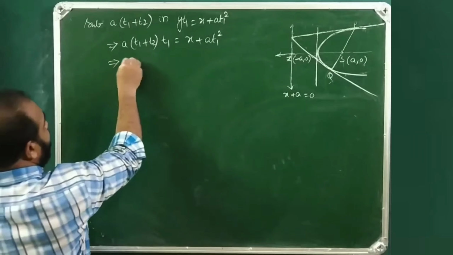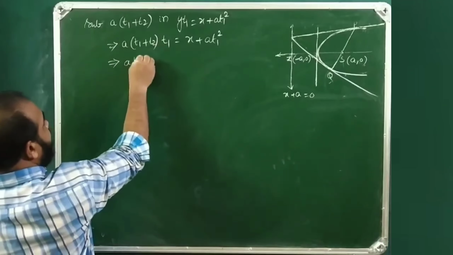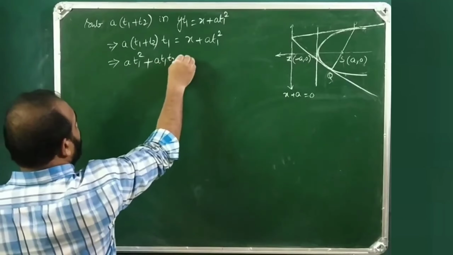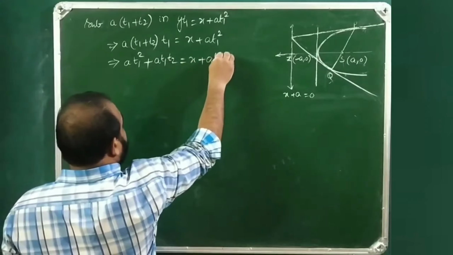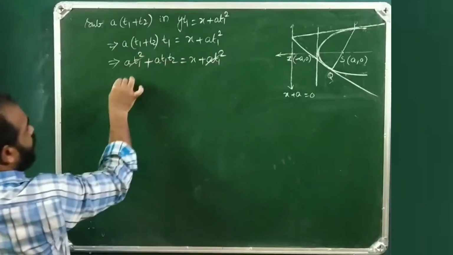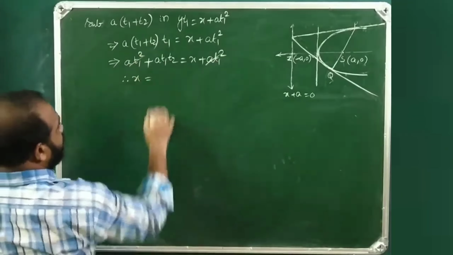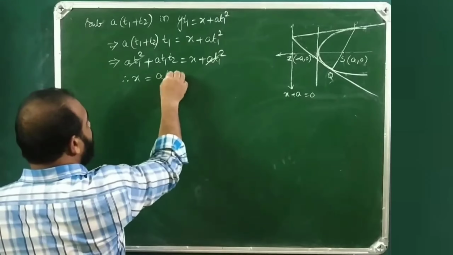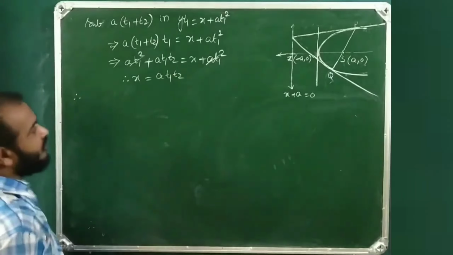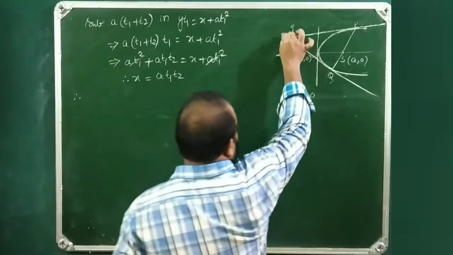This is a t1 into t1, at1 square, plus a t1 t2 equals x plus at1 square. So at1 square cancels. x equals a into t1 t2. Therefore, what is the point of intersection? Let us suppose that it is R.